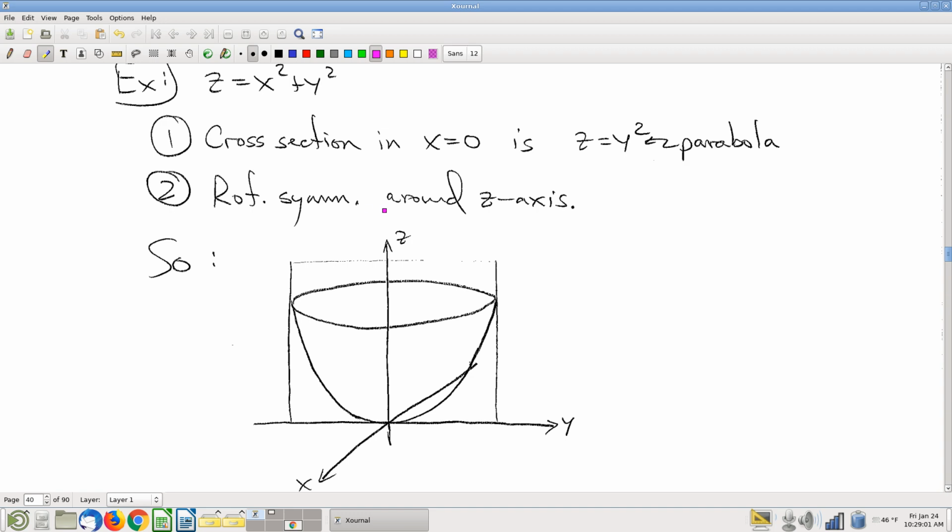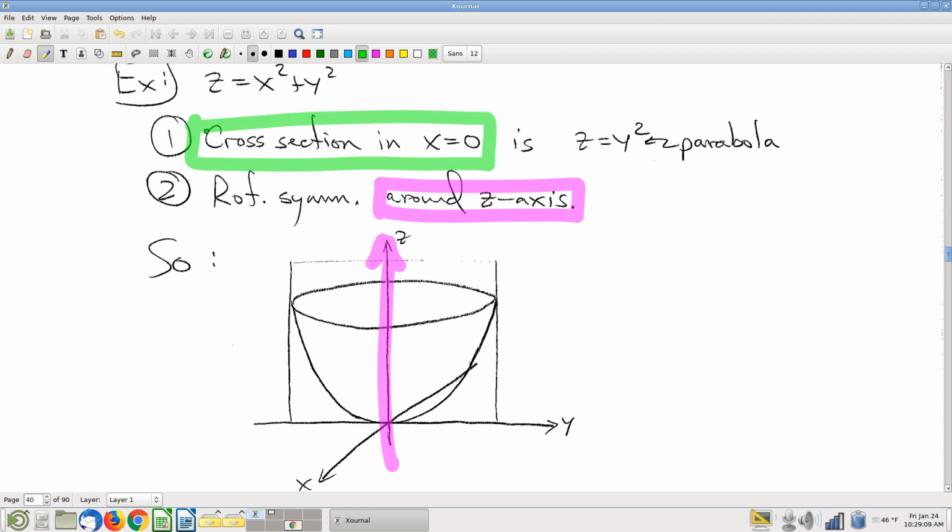If your symmetry is around the z-axis, and if you're going to look at just one cross-section, as I did here, what you need is for that cross-section, in rotating around that axis, to actually sweep out, if you will, everything. Let me show you what wouldn't work.